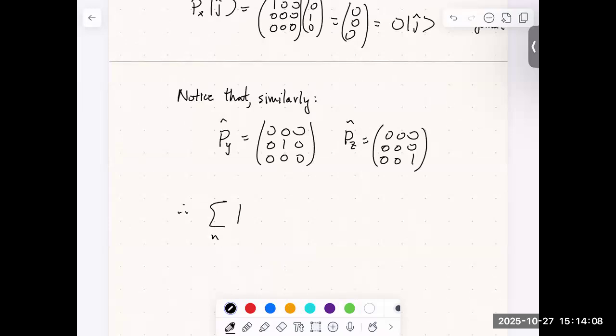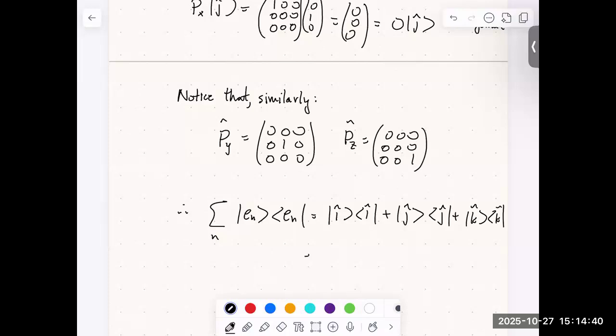So if I did this kind of sum, by this notation, what I mean is the projection onto i hat plus the projection onto j hat plus the projection onto k hat.